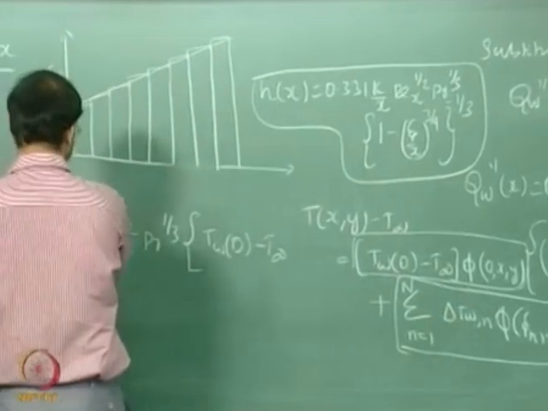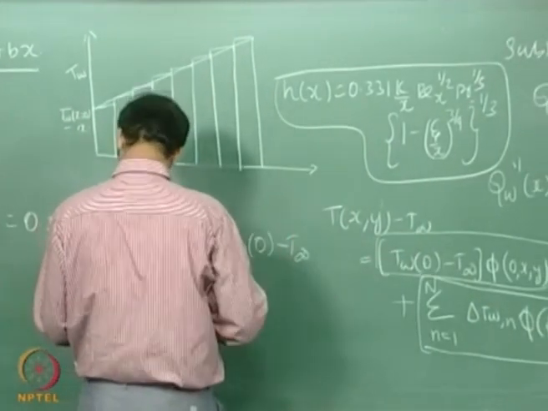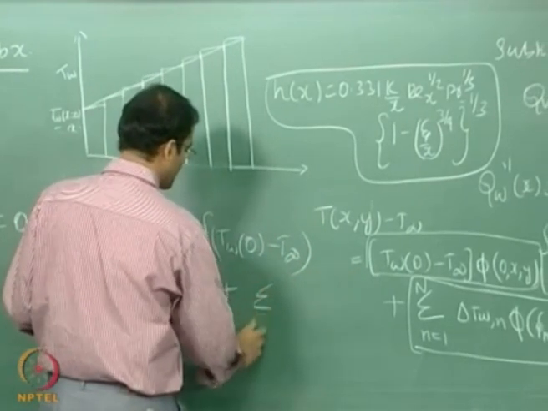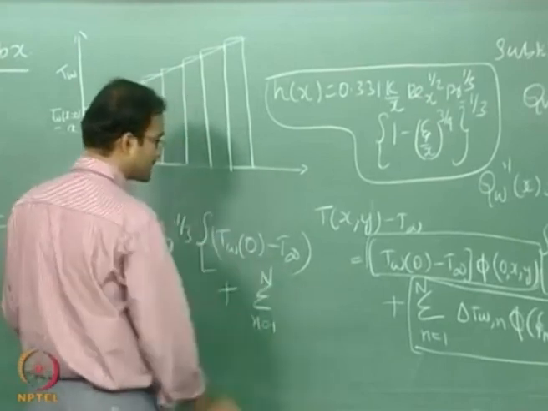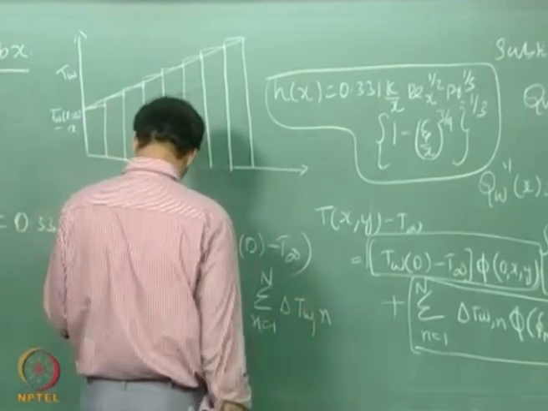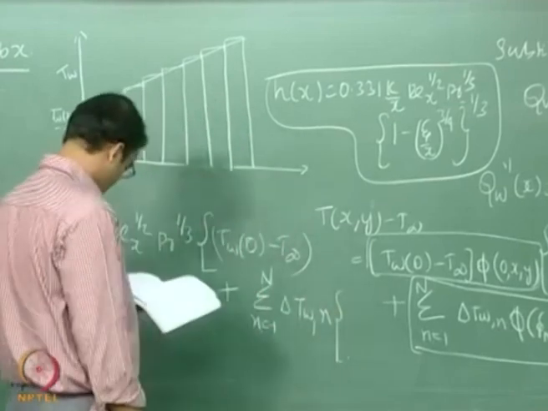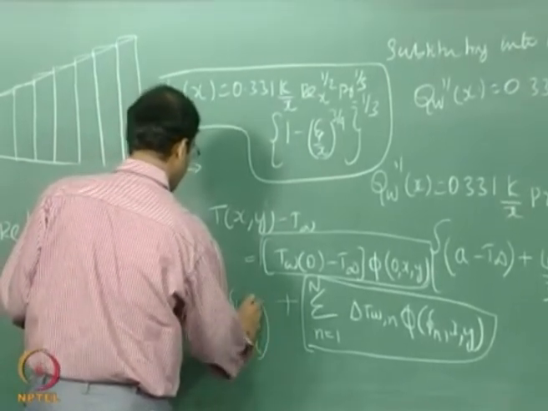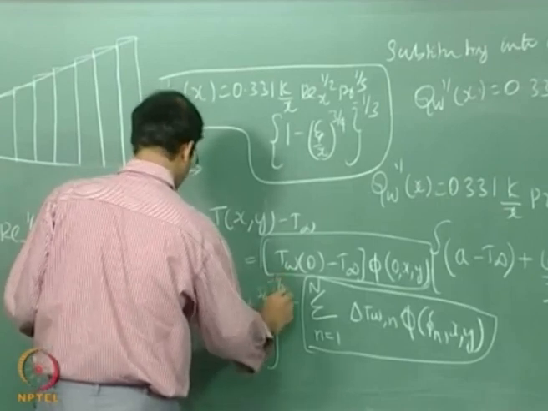Therefore this is taken out as common, you have T wall naught minus T infinity as one of the terms, and the rest of the terms will be n equal to 1 to capital N number of discrete intervals, you have delta T wall n into 1 minus zeta by x the whole power 3/4, whole power minus 1/3.